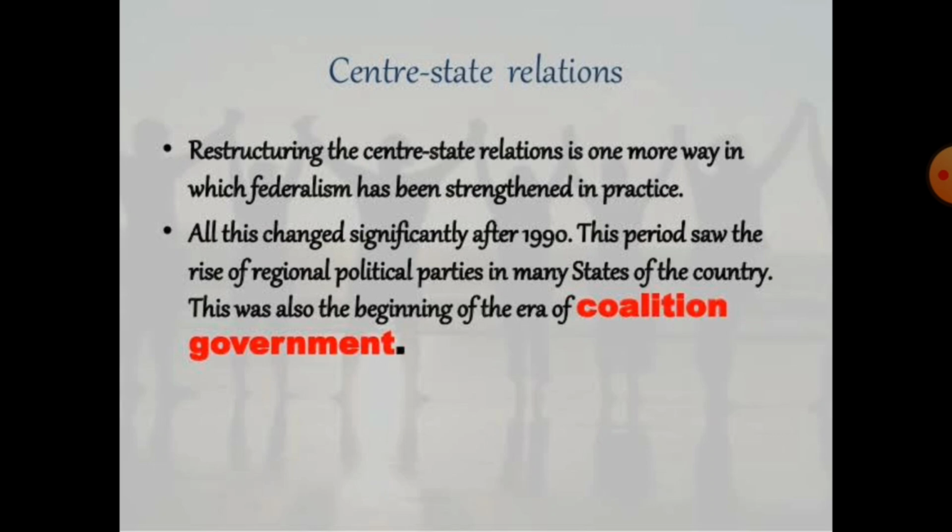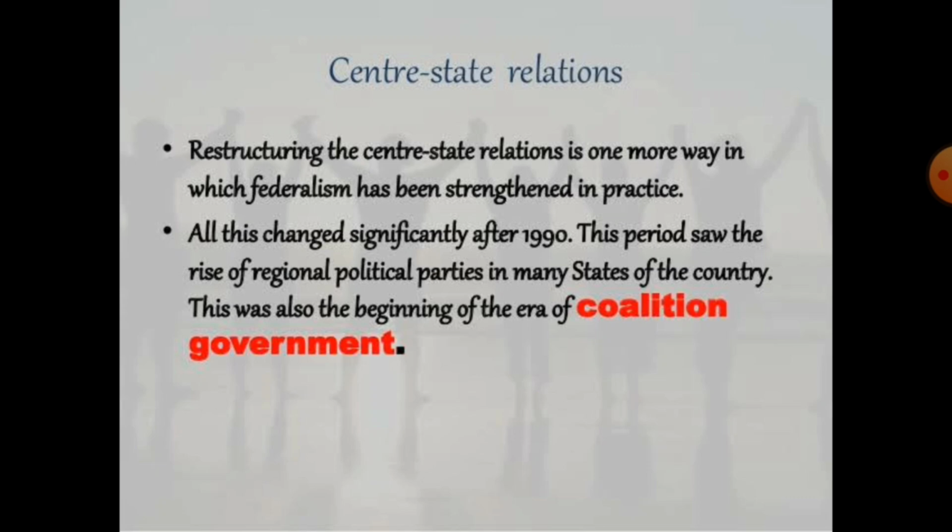A major change in this regard happened after 1990, when there was a rise of regional political parties in many of the states, which also led to the beginning of the era of coalition governments at the center. These changes led to a new culture of power sharing and respect for the autonomy of state governments.